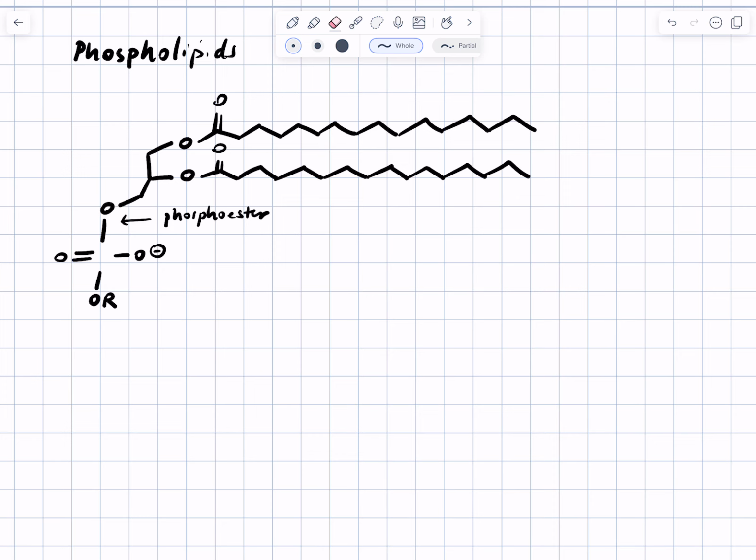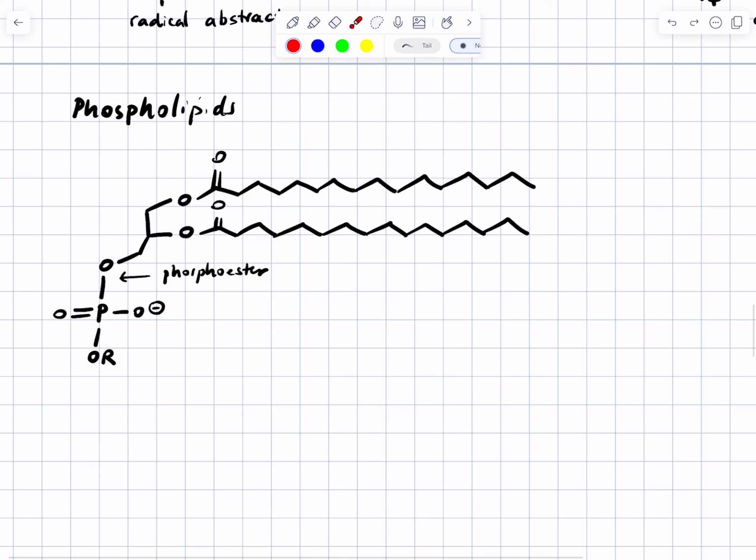The phosphorus is doubly bonded to one oxygen and singly bonded to another, and that oxygen has a negative charge. And then the other oxygen could have something attached to it, and we'll talk about what that is in a little bit. But this is a phosphodiacylglycerol, or a phospholipid.